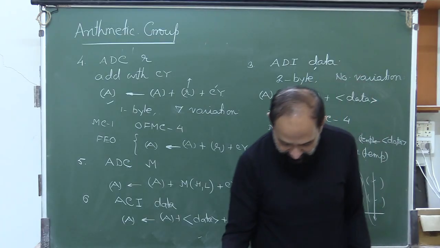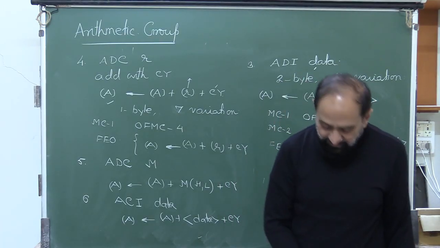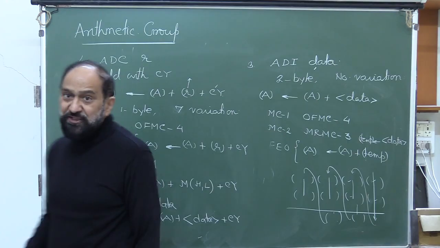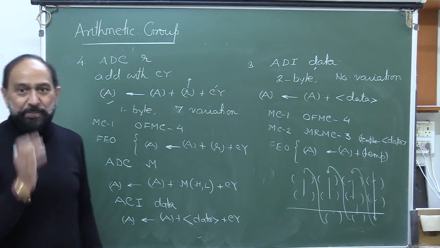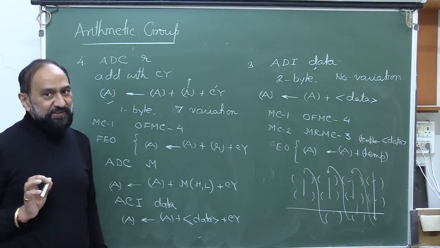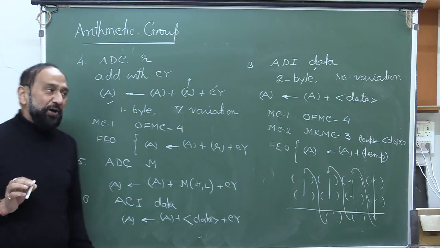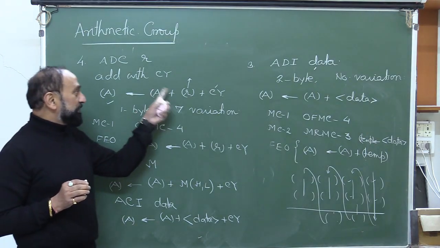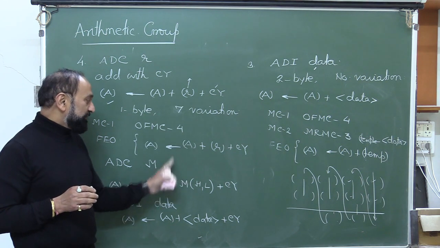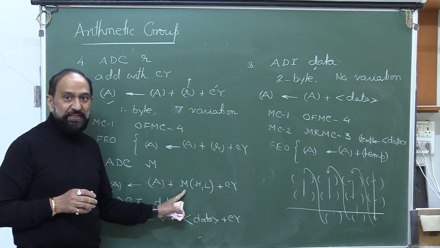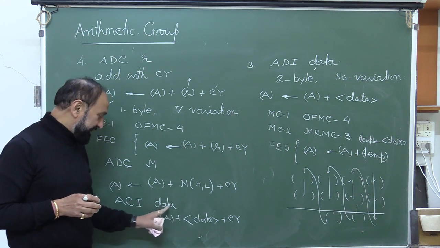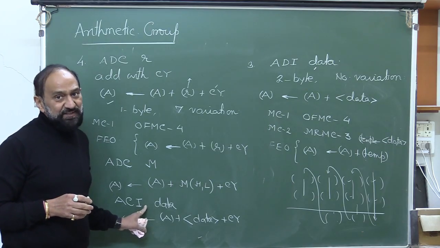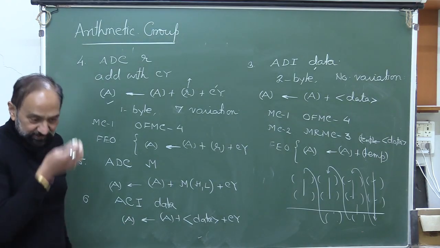So these are the 6 addition operations. One operand is always in accumulator, and the second operand is in either a general purpose register, or it may be in a memory location pointed by HL, or it may be present in the instruction itself as the second byte.